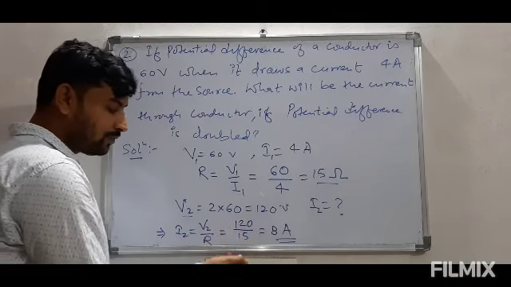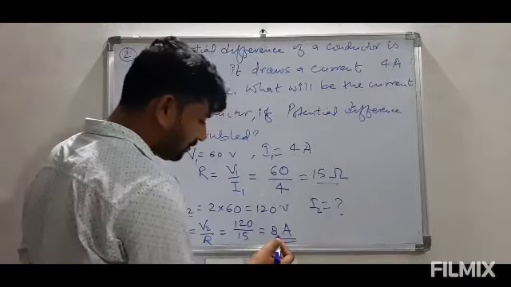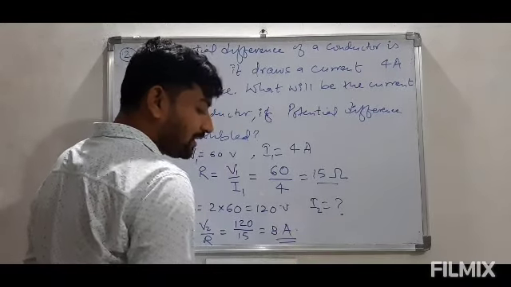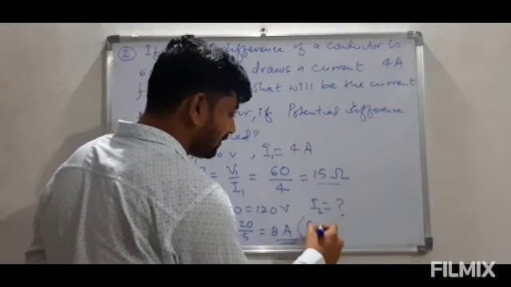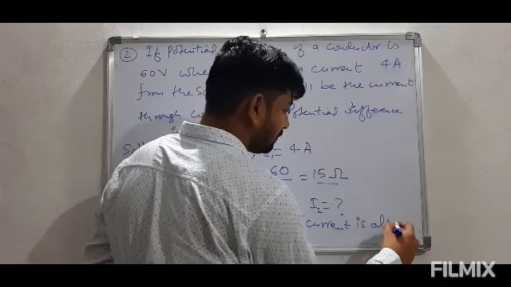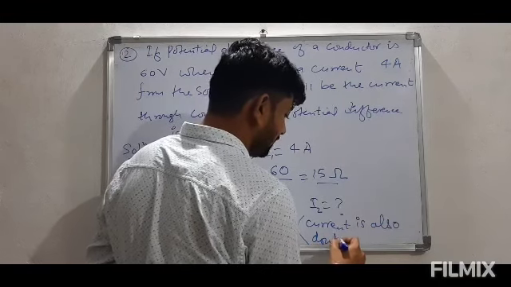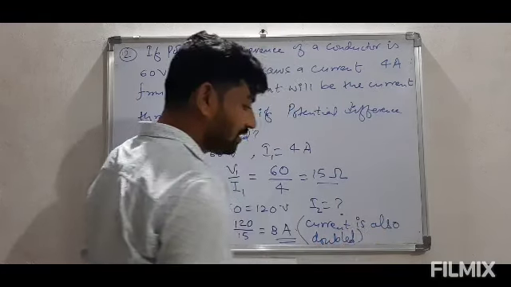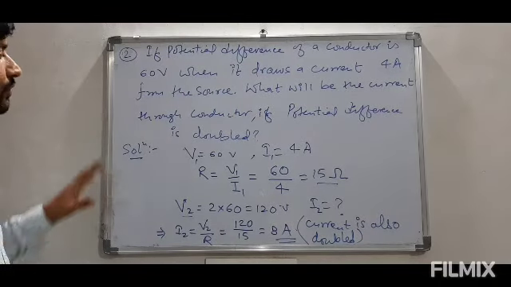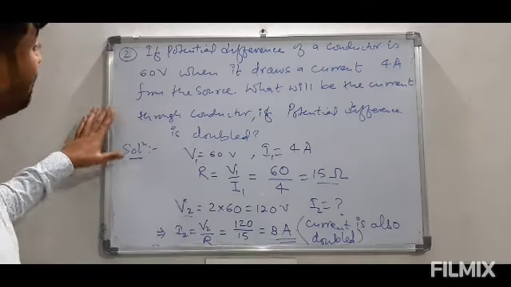So 120 upon 15, when we divide 120 by 15, we have the value of current, that is 8 ampere. So we can write current is also doubled when we double the value of potential difference. So this is how we verify Ohm's law by using a numerical.